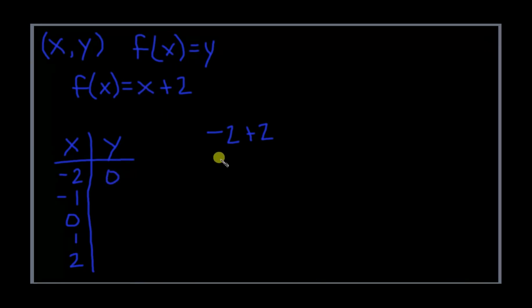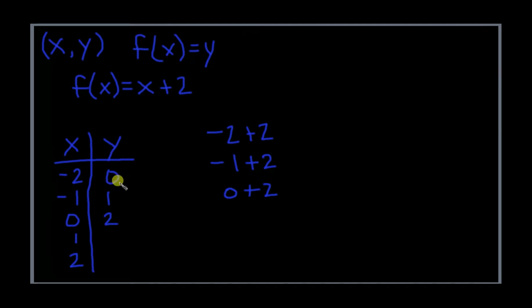Now we're going to plug in -1 for x. If we take -1 for x and add 2, you're going to see that -1 plus 2 gives you +1. If we plug in 0 now for x, and we add 2 from our equation, 0 plus 2 is 2.